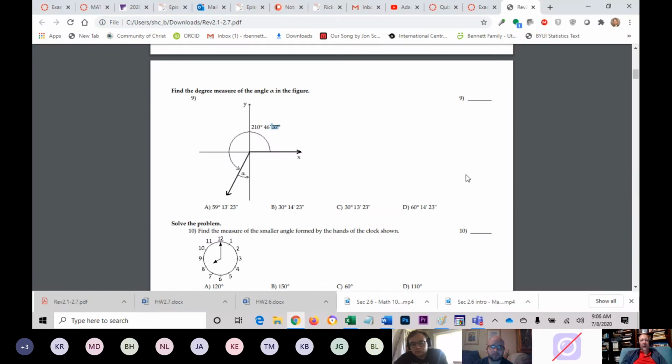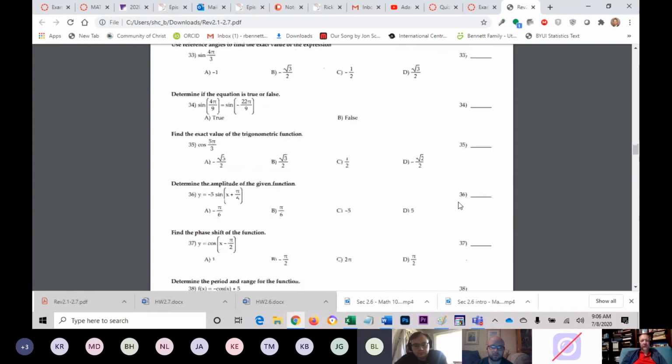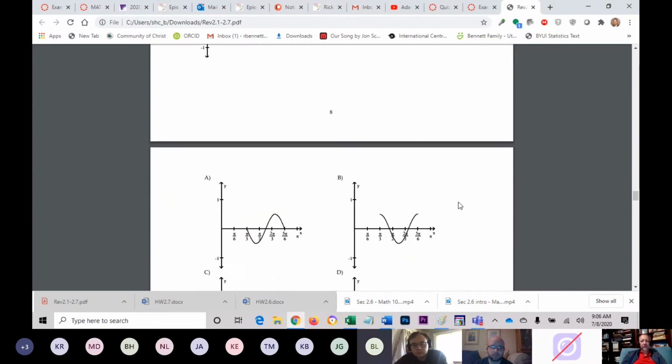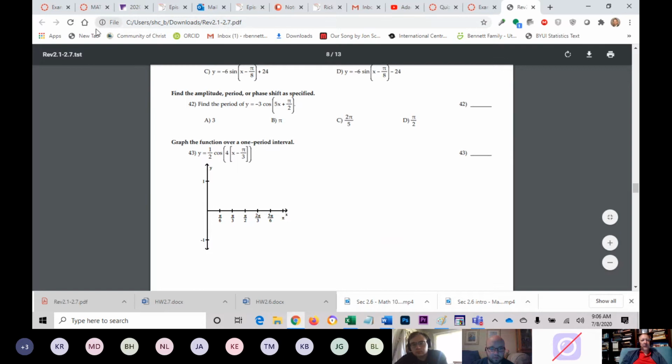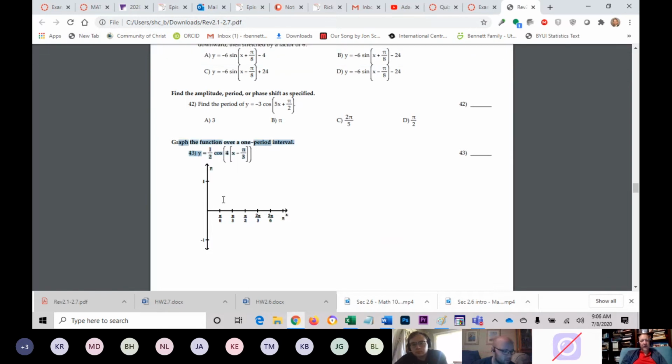Here's my review. 43. Graph the function over a 1-period interval. I think I would rather do this differently.